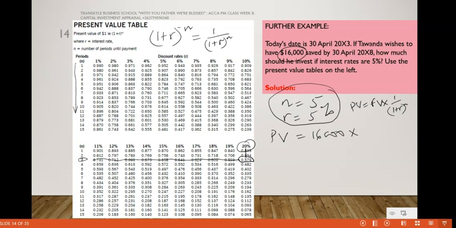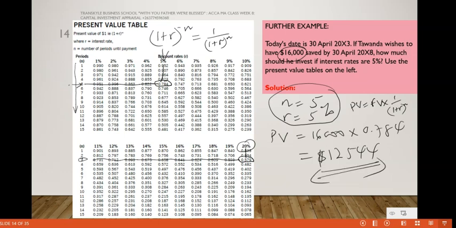Our n is 5 and our r is 5%. So this is the 5% row, and our n is 5. Where they meet, that's where we want to get our value. That's 0.784. And if we punch this figure in our calculators, we should get 12,544.